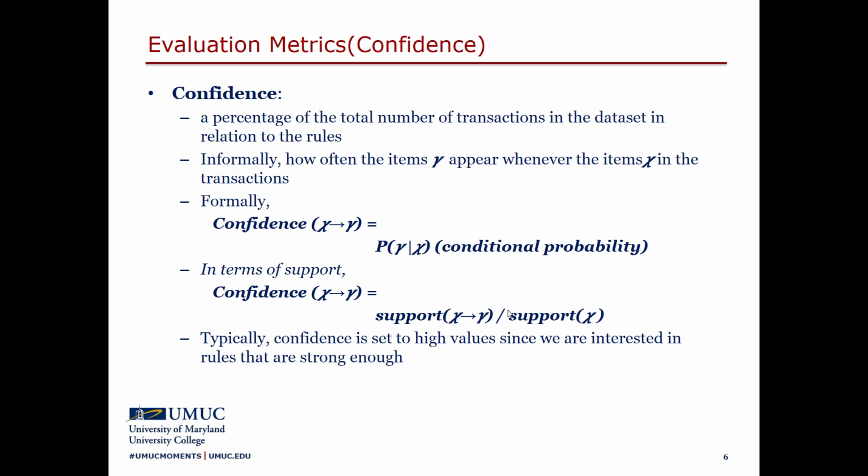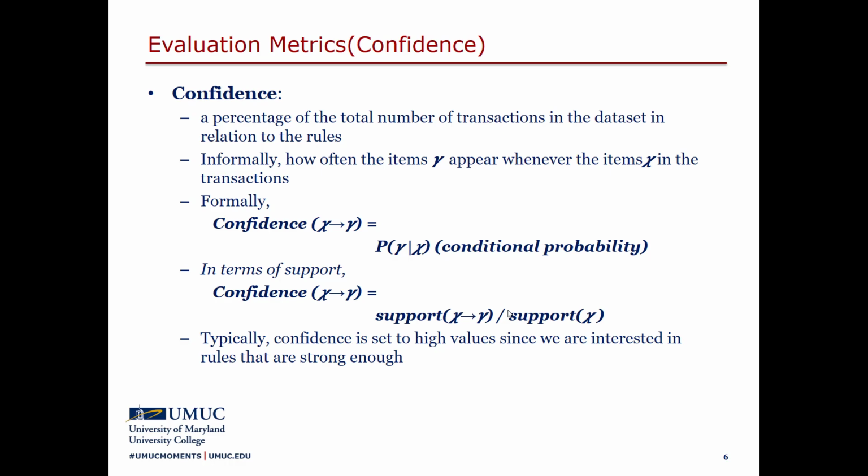You go over each frequent item set and extract the rules, and the rules are determined useful or not based on a confidence value. Informally, that is how often the items in the consequent appear whenever the items in X, the antecedent part, occur.